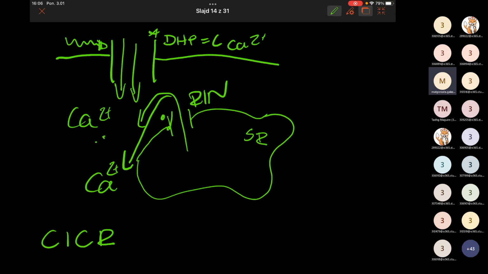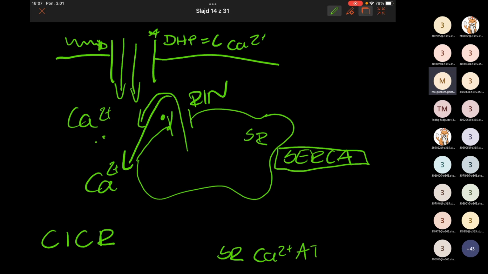In skeletal muscle, as well as in cardiomyocytes, there are several structures which are responsible for calcium removal from the cell. The first one is SERCA, the sarcoplasmic calcium ATPase.